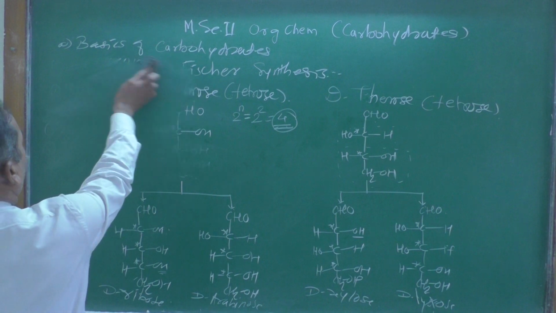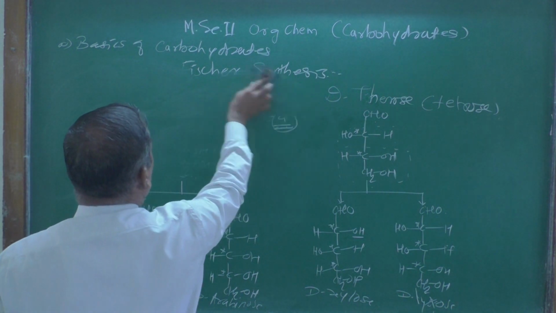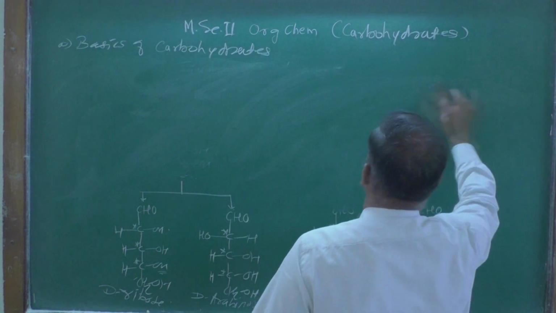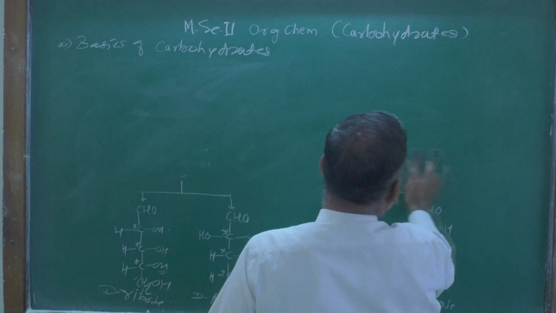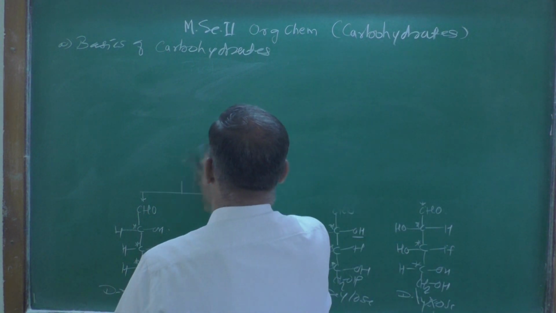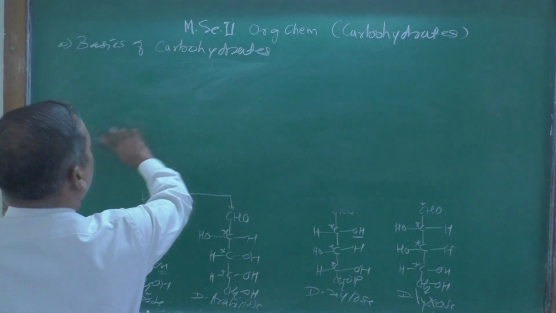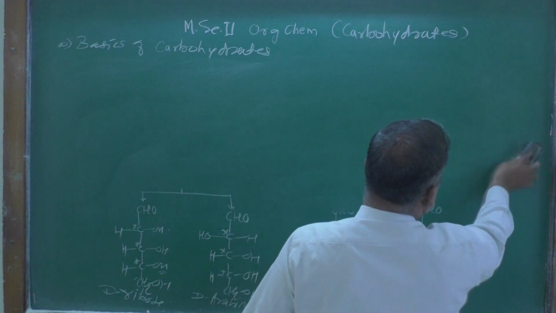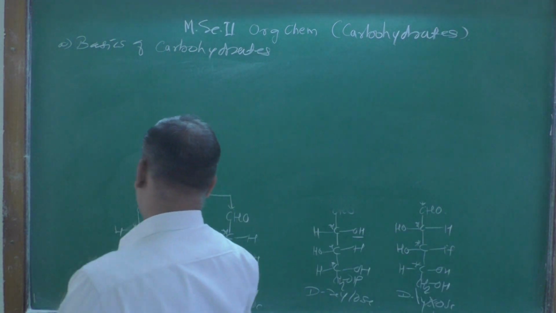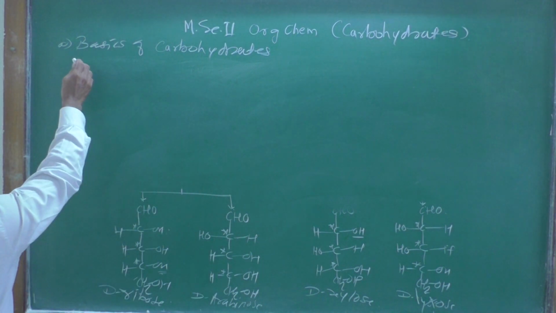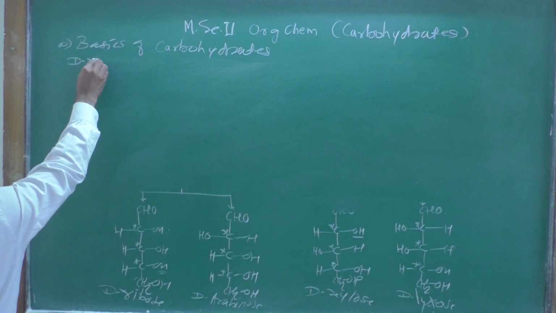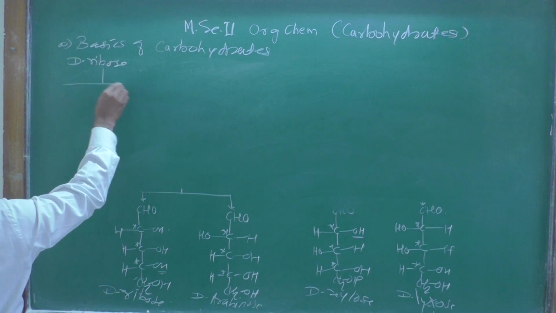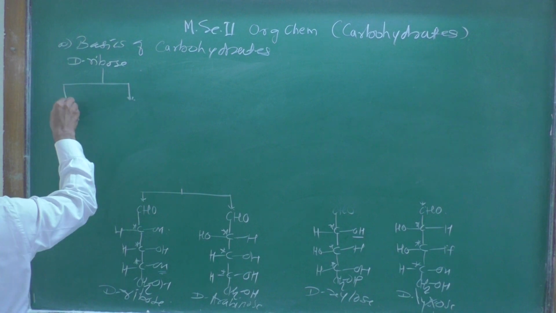Let me clean the board first and I am going to draw those structures. From D-ribose, I am going to get 2 structures like this.